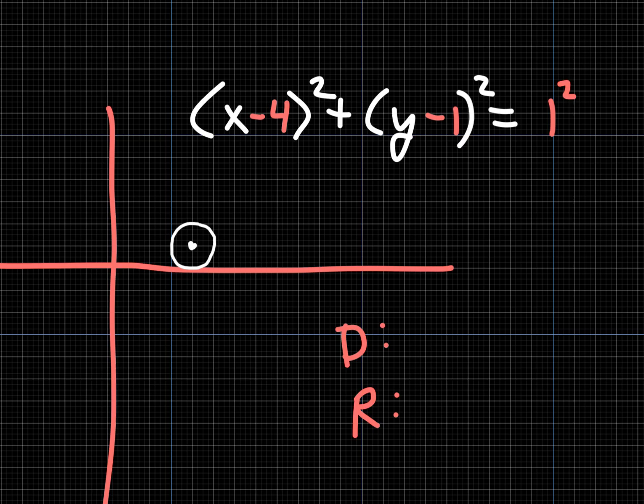It's like, how far does it go this way? It goes from 3 to 5. And it touches both of them. It goes from 3 to 5. And then this way, I'll use white, it goes from 0 to 2.